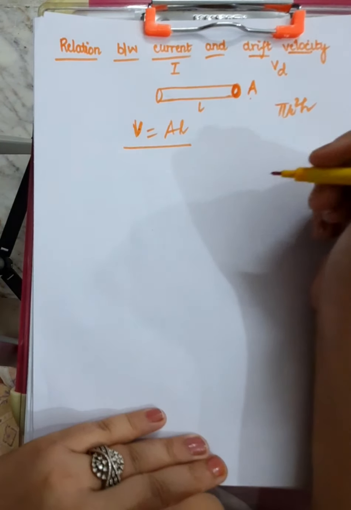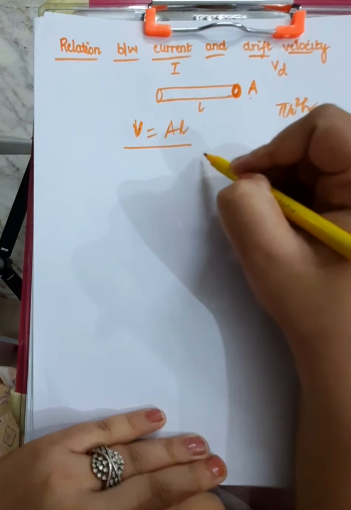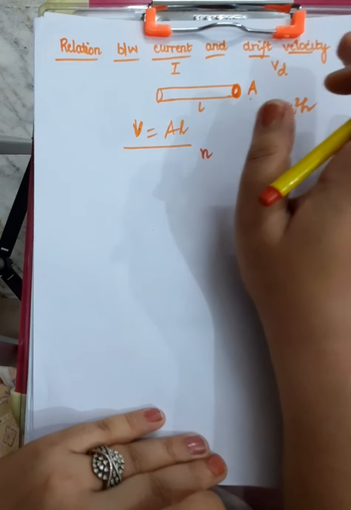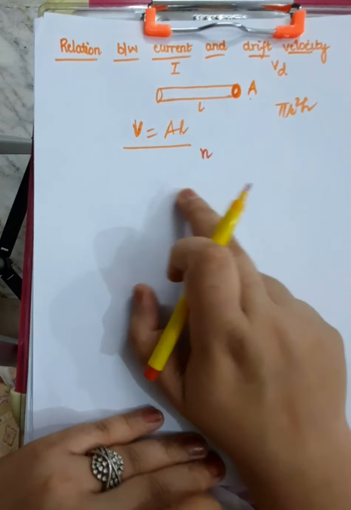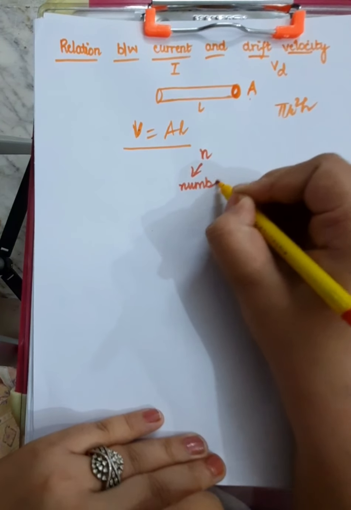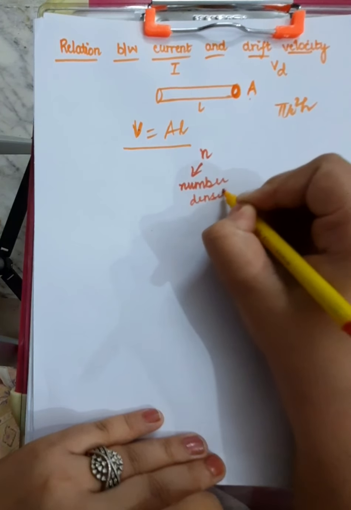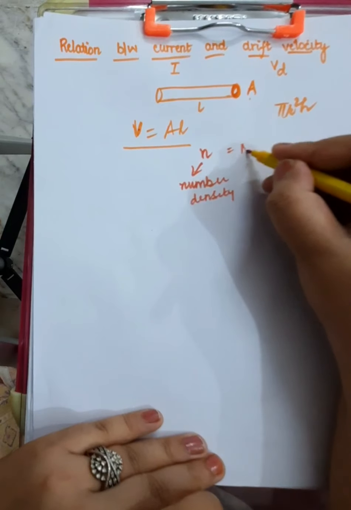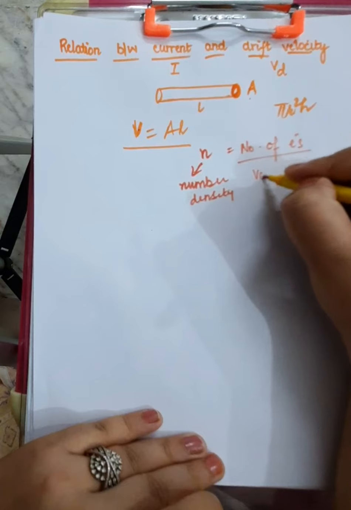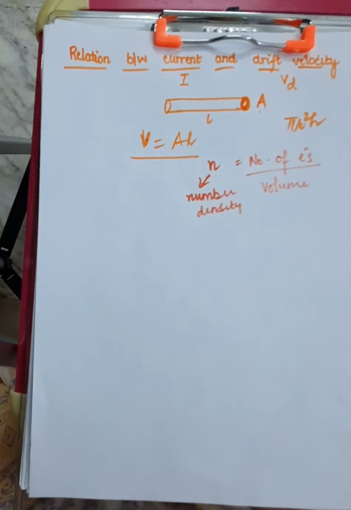Now suppose that n is the number density of electrons in this conductor. Number density means the number of electrons per unit volume.